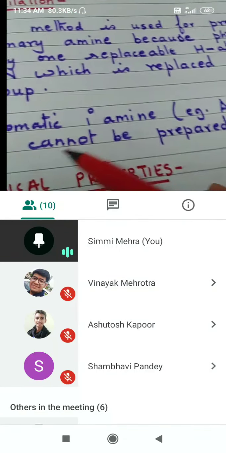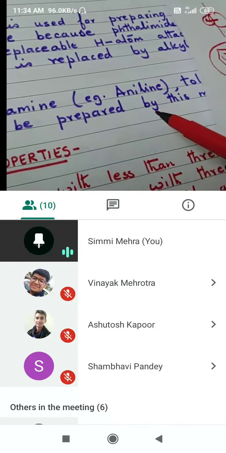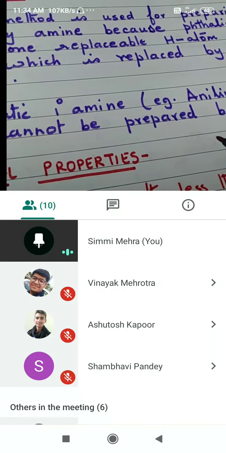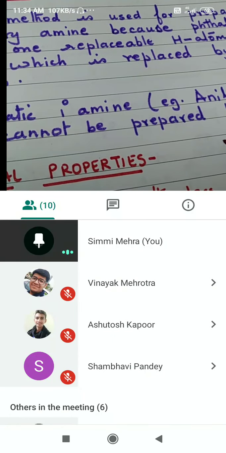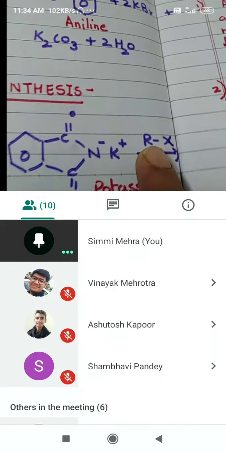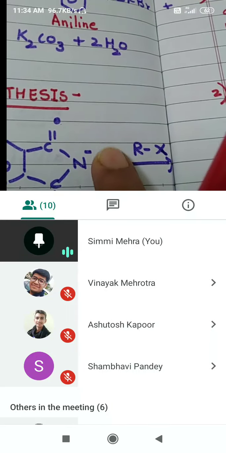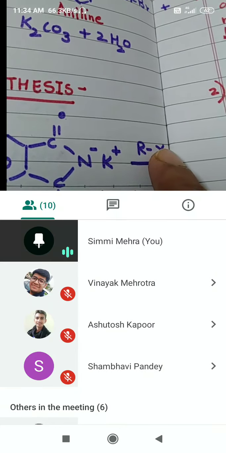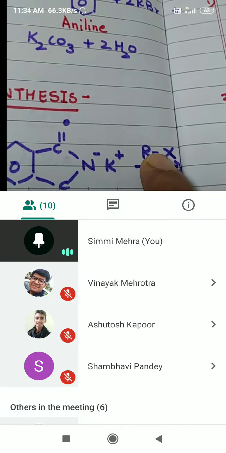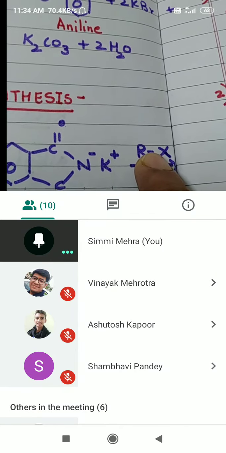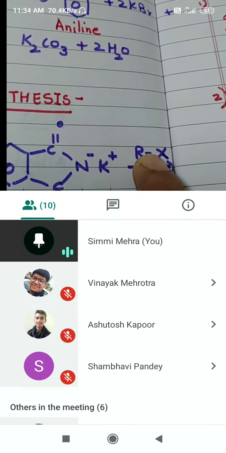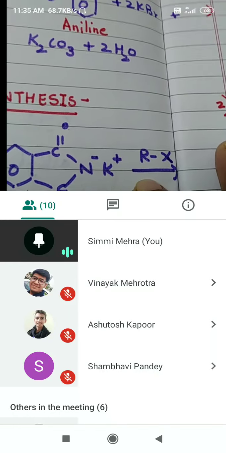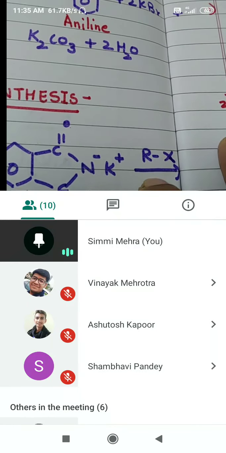Aromatic 1 degree amine, or aniline, cannot be prepared by this method. Why? Because as I told you, we were using RX. If this is a benzene ring and this is Cl, a halogen attached to a benzene ring has partial double bond character, and is not used in synthesis or conversions, and you should also avoid using these compounds in conversions. Therefore, aromatic compounds.